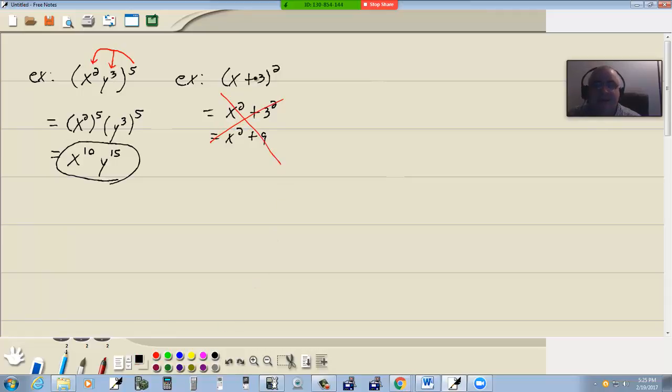The reason why is I said if everything inside the parentheses is either multiplication or division. This is addition, isn't it? It's not multiplication or division. What we have to do here is rewrite it as x plus 3 times x plus 3. And then you multiply it from there. So that's what should have been called a distributive property of exponents. Let me erase that.